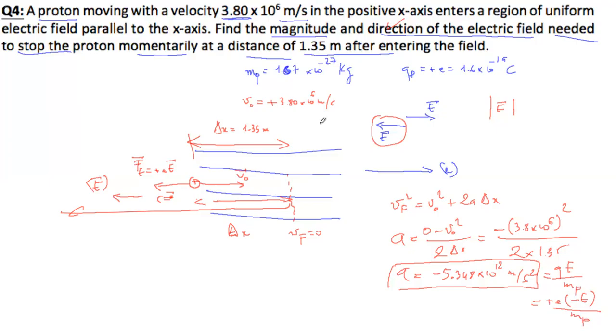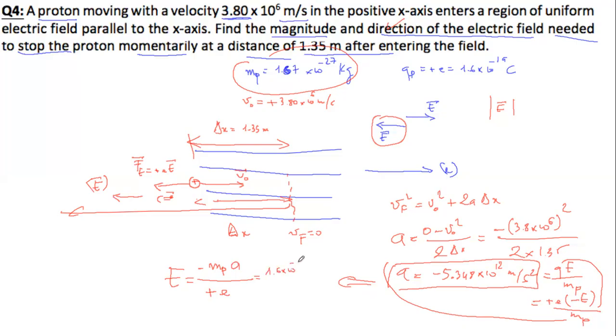We know the mass of the proton is given, so we can get our electric field. E is the mass of the proton times the acceleration. Don't forget the negative sign: minus the acceleration gives you a positive, because here I'm looking for magnitude, divided by plus e.